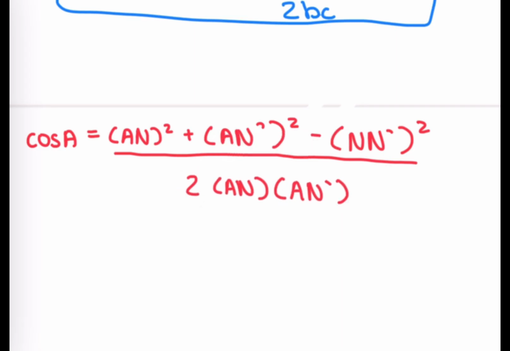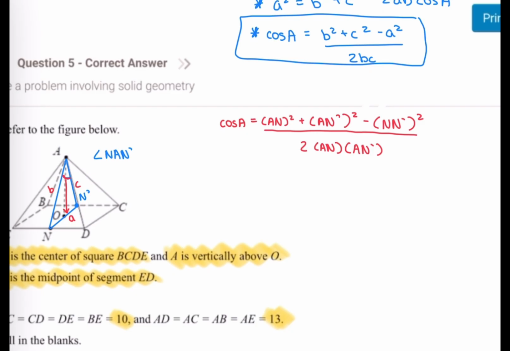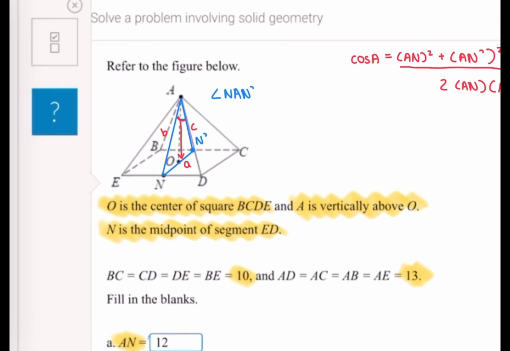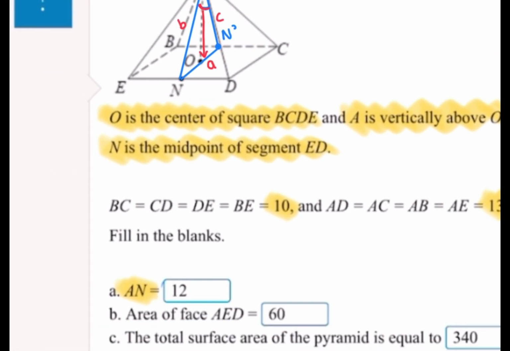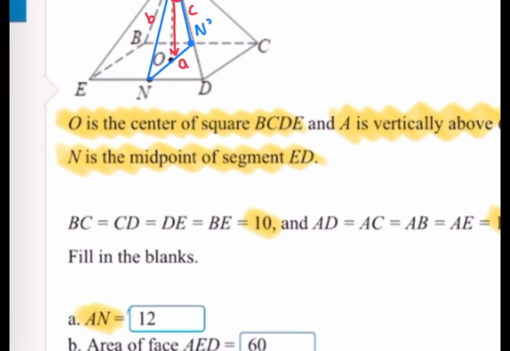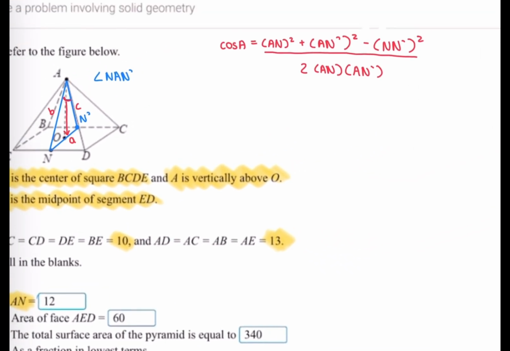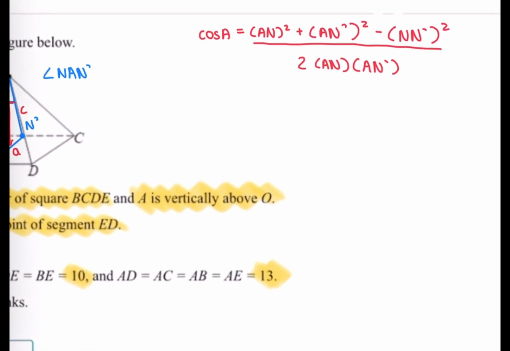Okay, so now this is the formula that we're going to use. Now we're going to replace values into these. We're going to start with B and C, so AN and AN prime. AN, we've already got the value of it, and AN prime is equal to AN. So the value of AN and AN prime, both of them are 12.